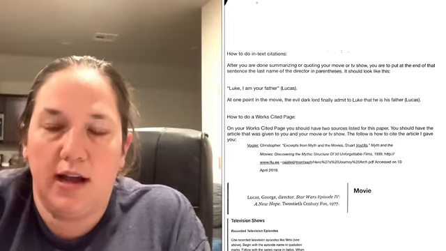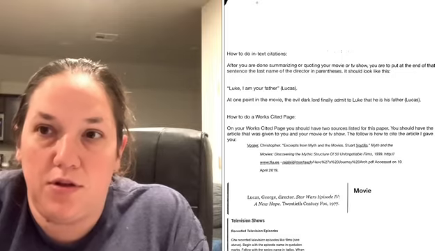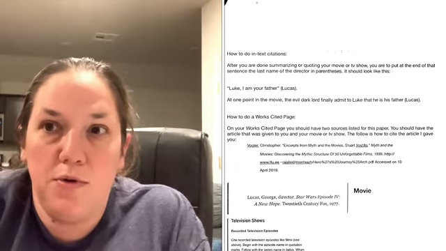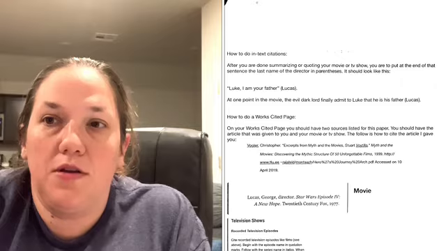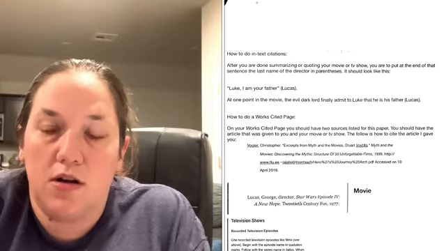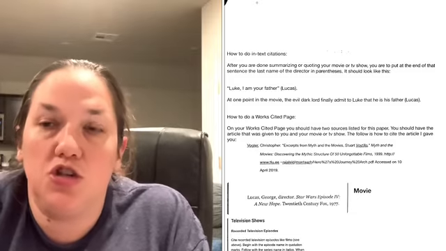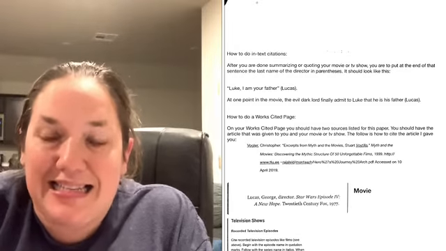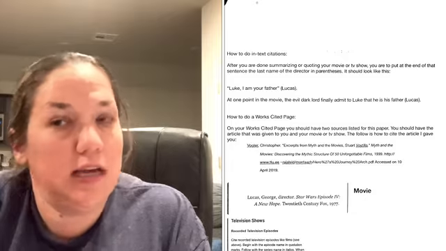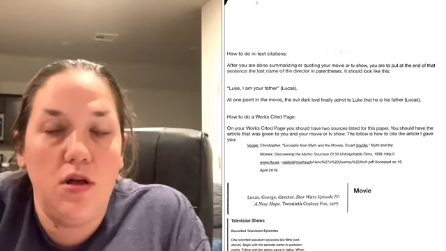So what you're looking at right now is an example of if you are using a movie. So when you are citing a movie, you're going to put the director's last name. This includes any form of visual media.